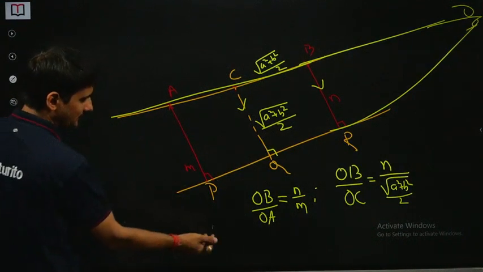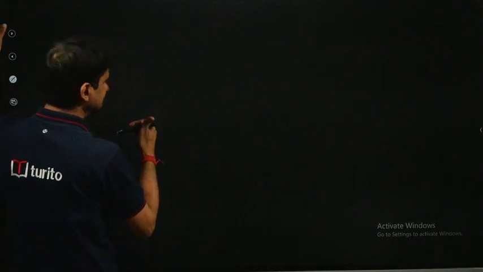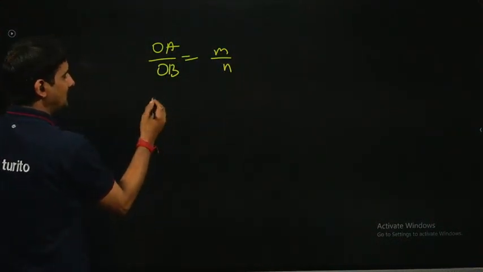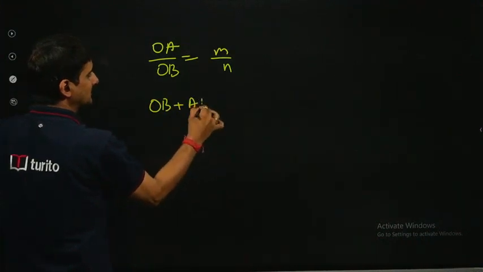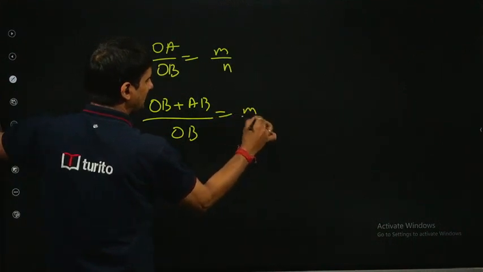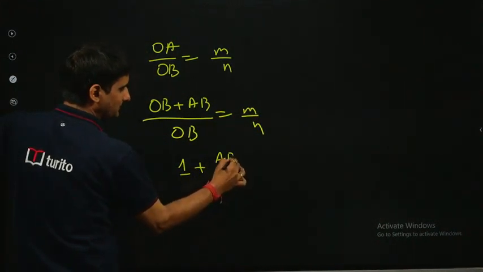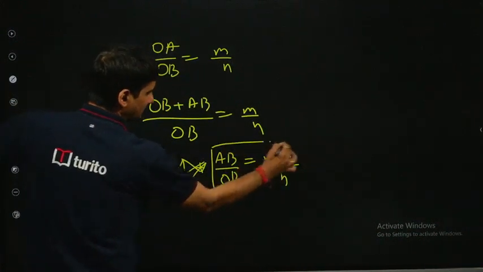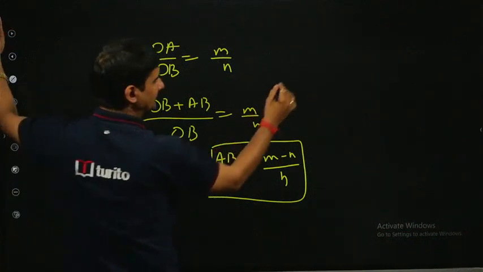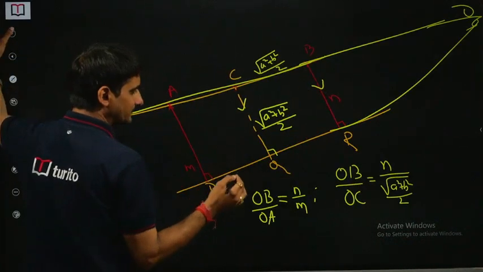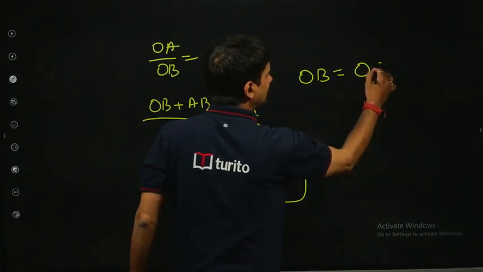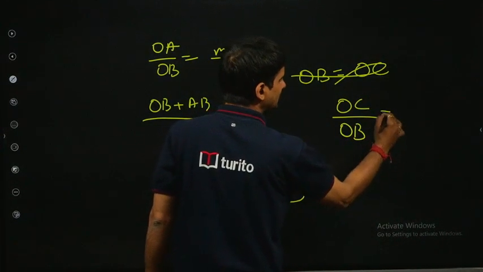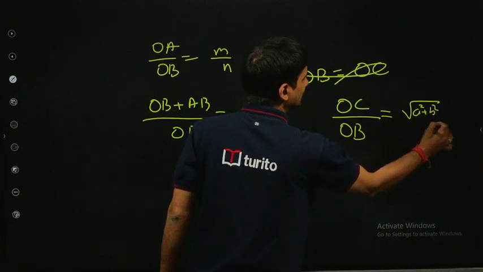Why? Because if I just reciprocate it, OA upon OB is m by n, and OA can be written as OB plus AB, upon OB is equal to m by n. This is 1 plus AB upon OB, so m minus n by n. That's one relation. Now in this case, OB is OC, again reciprocated, OC upon OB is under root of a square plus b square by 2n, isn't that?